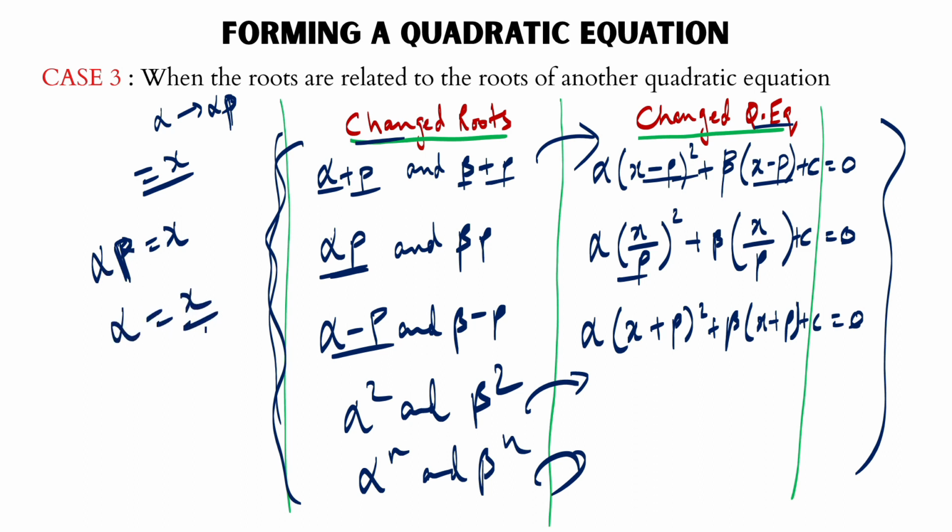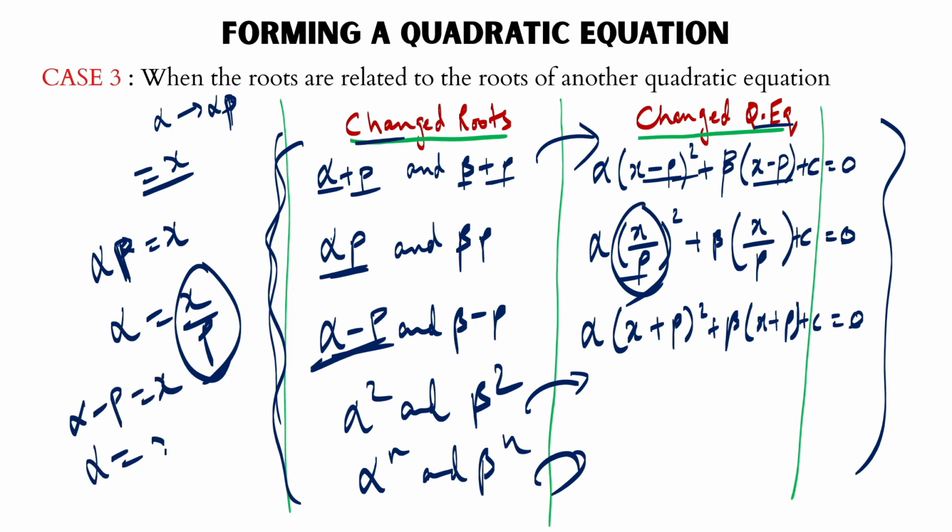Alpha as x by p. This is what you have substituted here. For instance, take alpha minus p. Just equate it with x, then alpha will become x plus p. This is what you substituted here. So whatever is the change, just equate that with x and find out the value of alpha. Just substitute that in the places and you'll get the modified quadratic equation.